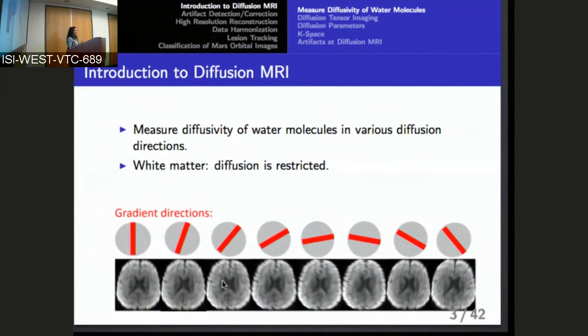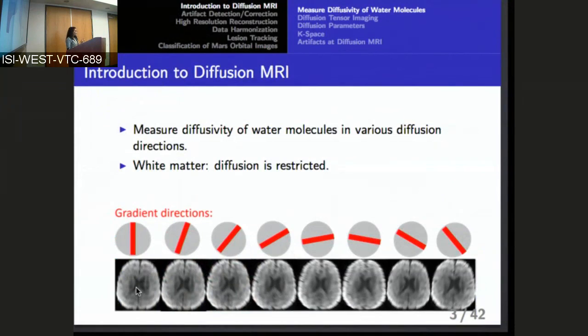images show our measurements when we set the direction of the gradient in the scanner differently. Let's say we set the gradient direction in this vertical direction, and then we prepare this MRI image of the brain.